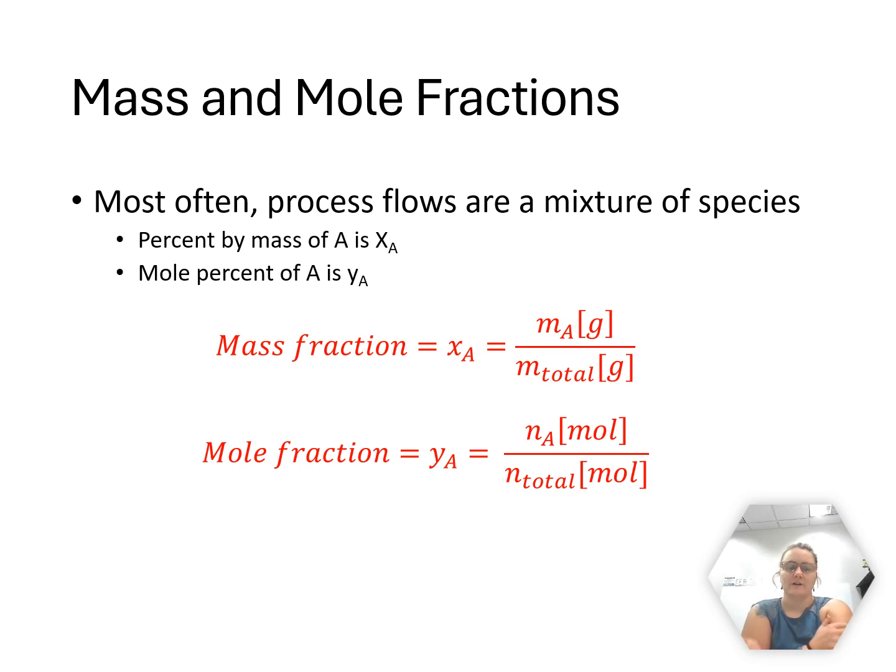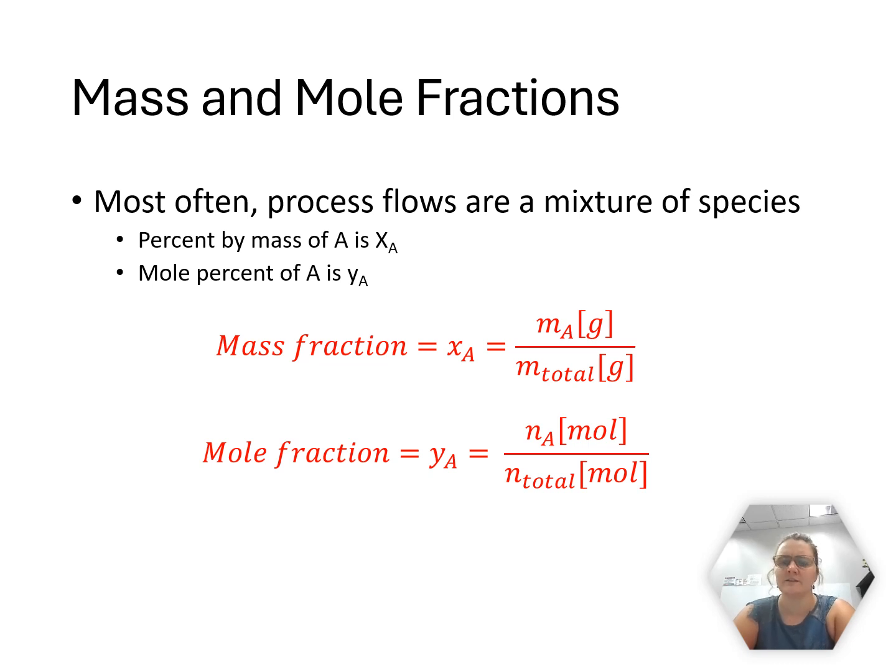So last thing I want to do is talk about the difference between mass and mole fractions a little bit. So most often process flows are mixtures, right? So if we are looking at something like percent by mass of substance A, in this class, we're going to use x for mass fraction, and whenever we have a species, it's going to be a subscript, and we're going to give it the subscript A because it's species A. Now, we may have ethanol, and we can put ethanol as our subscript, or we can say that A equals ethanol and say that x sub A is the mass fraction of ethanol.